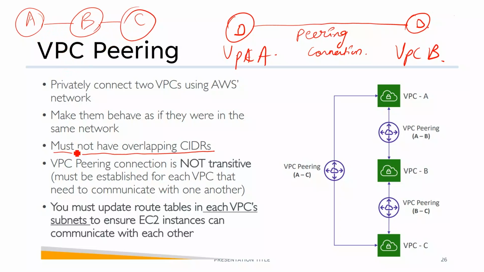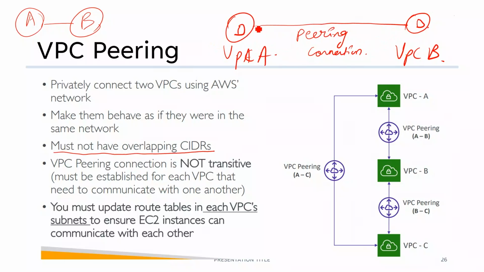You must update route tables in each VPC's subnets to ensure EC2 instances can communicate with each other. So for example, there is an EC2 instance over here and an EC2 instance over here, and you have established the peering connection, that is all right, but still there is no route to this peering connection from here to here.